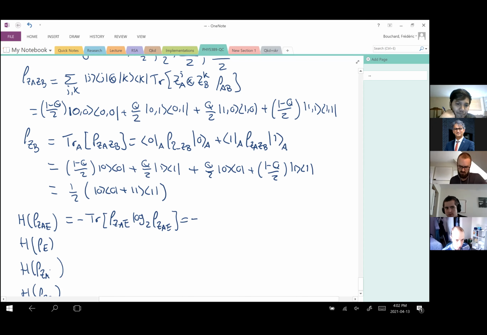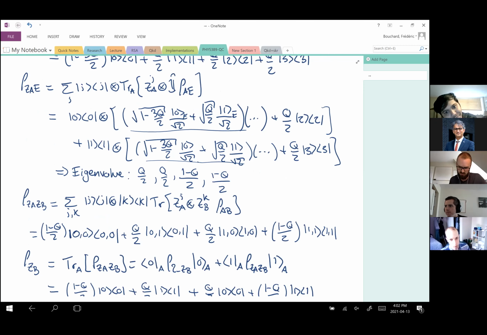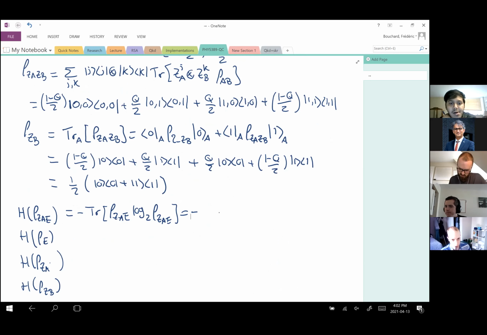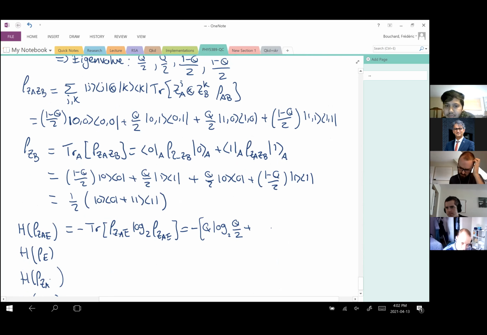The eigenvalues are Q over 2, Q over 2, 1 minus Q over 2, 1 minus Q over 2. So there's going to be Q over 2 log base 2 of Q over 2. There's another one of them, so we can turn the Q over 2 into Q. Then there's 1 minus Q. Since there's 2, I'm just going to remove the over 2 already. Q over 2. That's it.